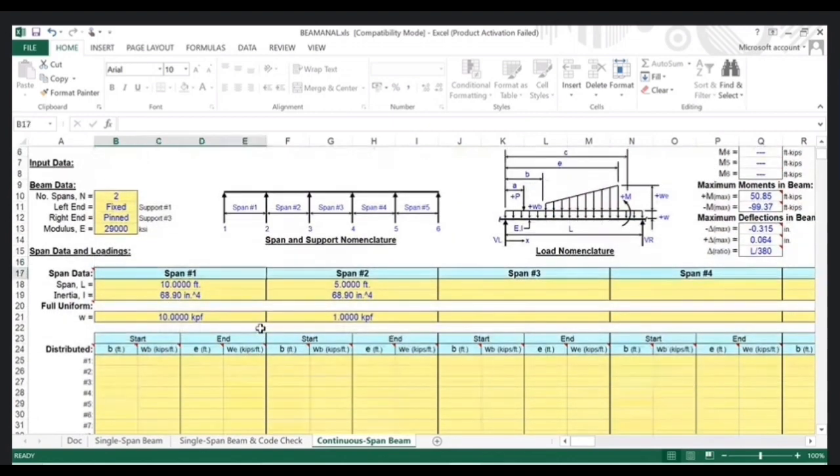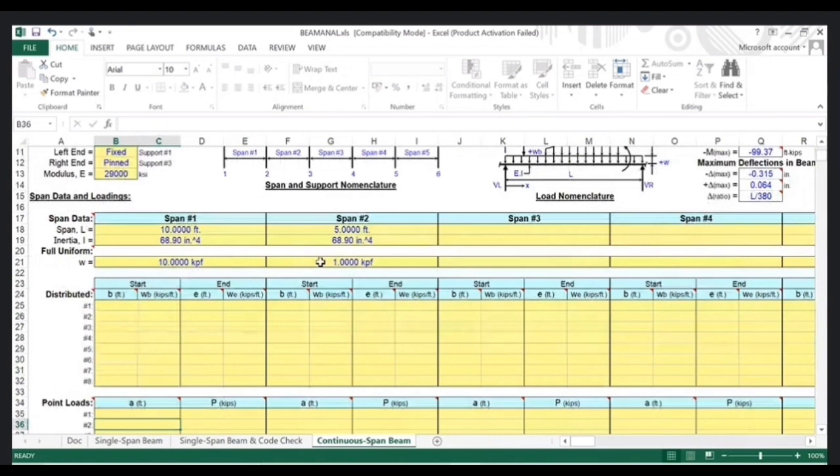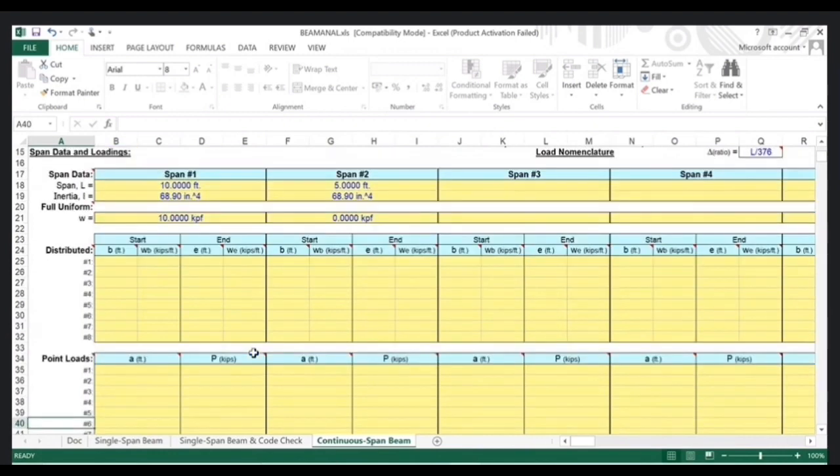So the distance A is measured from the left support. From the left support, I take the value 2.5 feet. The value of load is 10 KIPS.